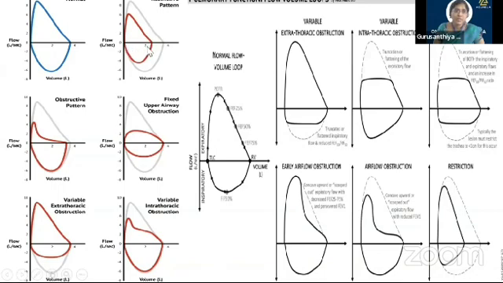So total lung capacity has reduced to 3 liters. Somewhere it was supposed to be 5 liters or 6 liters. It has reduced to 3 liters. And the maximal expiratory effort also is decreased. And again, the slope of the curve remains normal, but all other values are decreased.